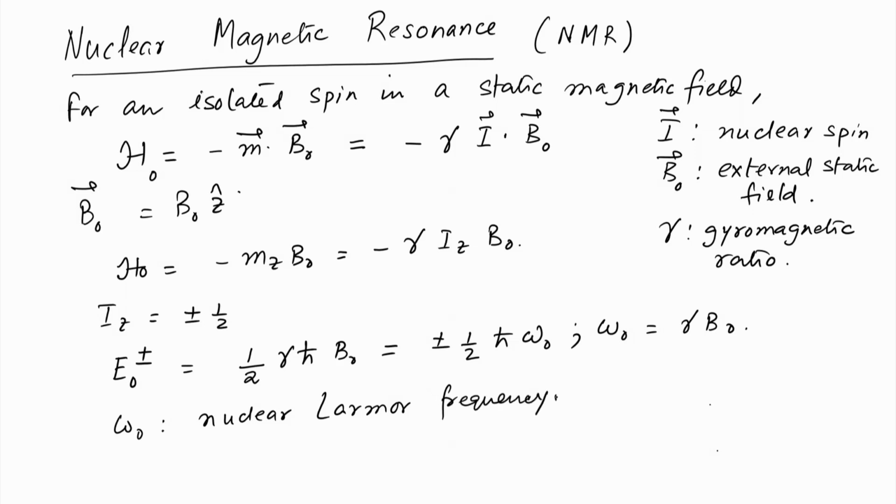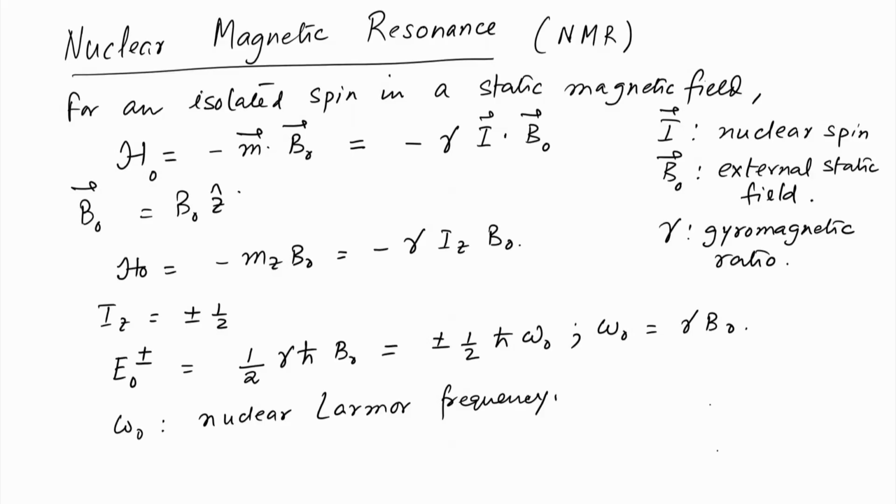So, let us just have a quick recap of what we have done. We are talking about a single isolated spin in a static magnetic field. The magnetic field is applied in the z direction, which gives rise to a Hamiltonian, which is minus gamma I z B 0, and I z is equal to plus minus half. We are talking about the nuclear spin having values which are plus half or minus half.